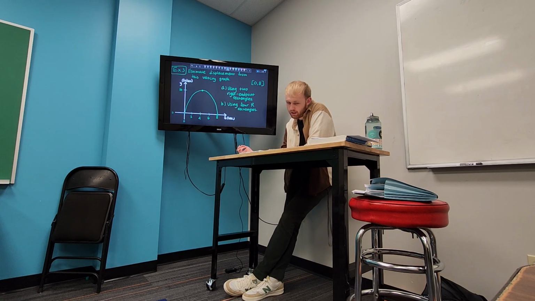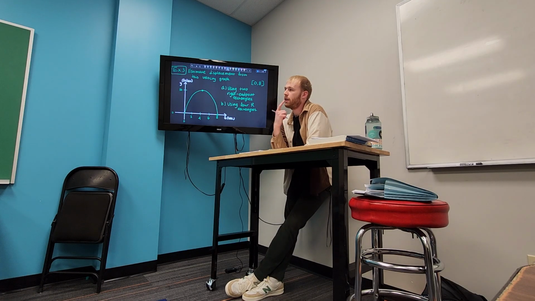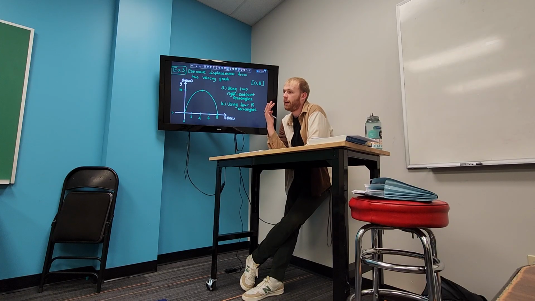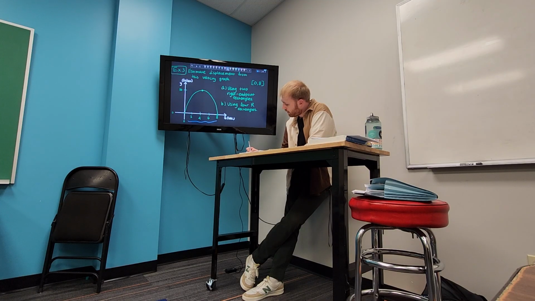So let's talk about that. If we have 2 right endpoint rectangles, the right endpoint means that we want the top right corner of the rectangle to be on the graph. So if I make an even interval between 0 and 8, then I'm going to have 4.